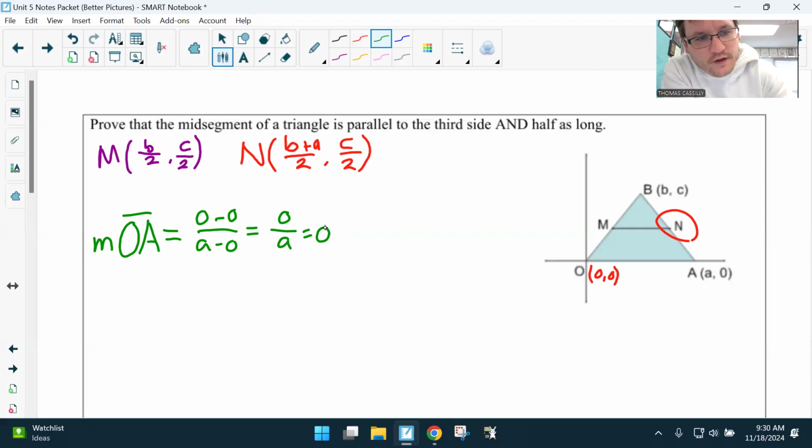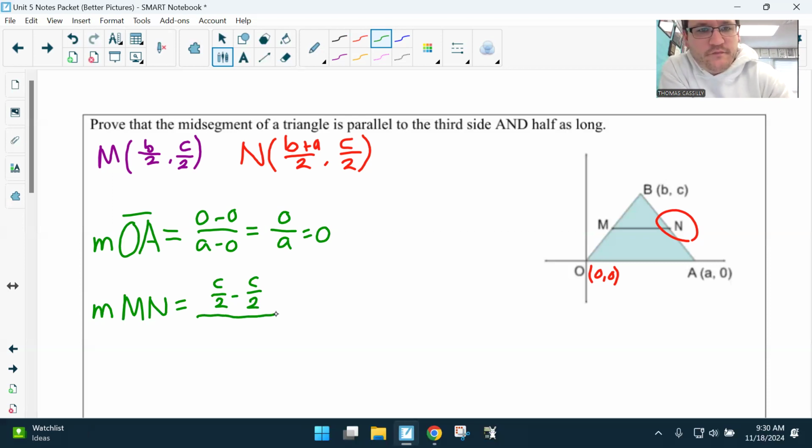Right? Now the slope of MN, use point M and use point N. All right, so we have C over 2 minus C over 2. All right, that's y2 minus y1. So I'm using point M and point N on this one.